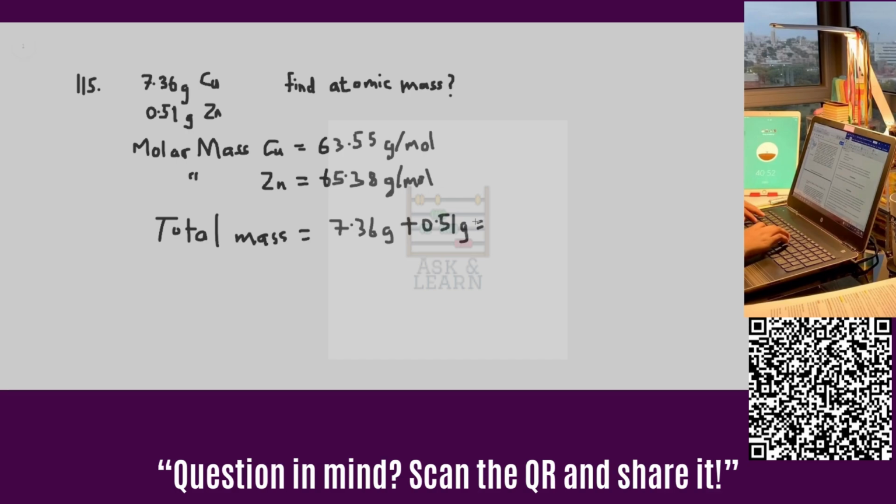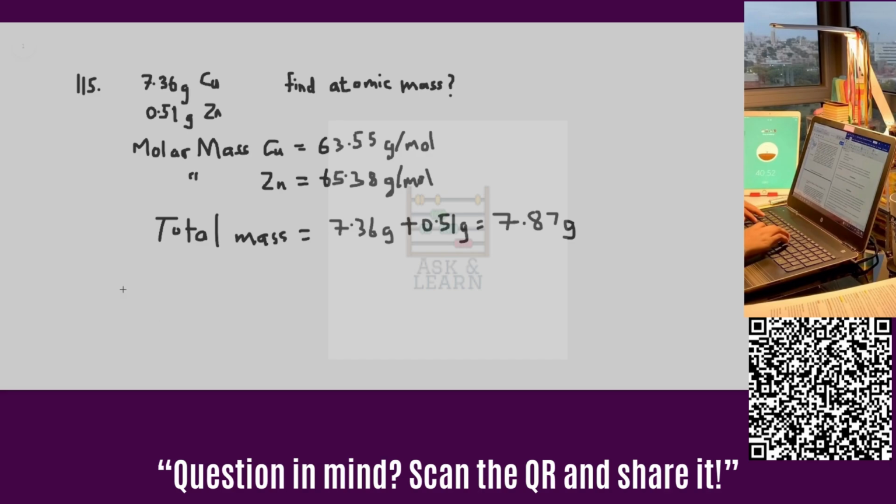That should be equal to 7.87 grams. So that's the total mass of our sample based on the two different elements that are present.